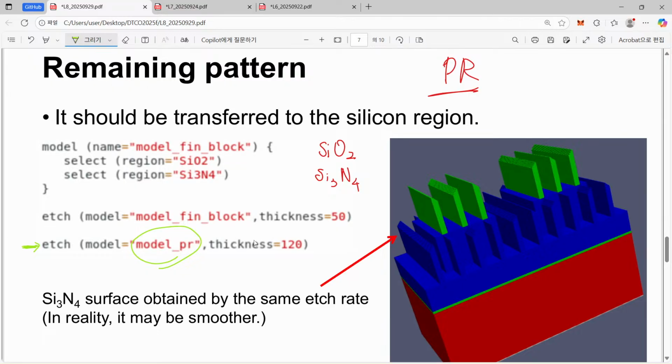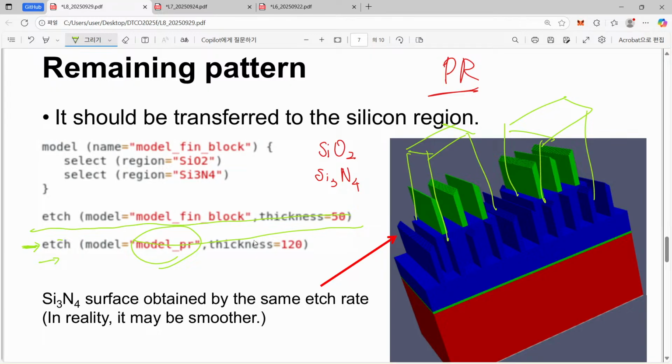So that's the reason why in this final structure we don't have any PR in it. Of course, before this one, if we stop there, then we will have a well formulated active resin made of PR on top of it. So please do your own exercise so you can check it.